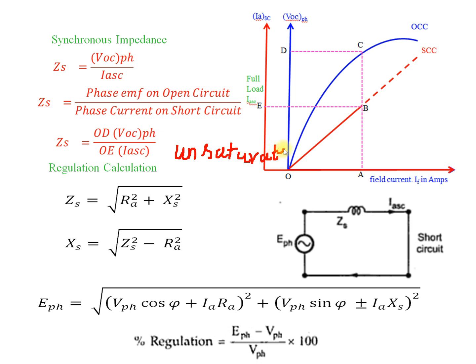That is, if we get the ZS value from the VOC lying on the linear portion of the curve, then that ZS is the unsaturated ZS. Also, if we get the ZS value at the saturation point, then it is said to be the saturated ZS value.